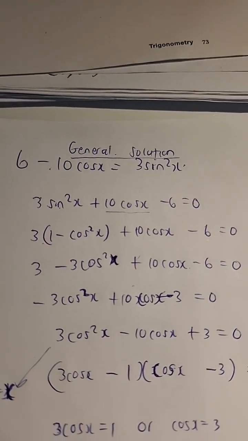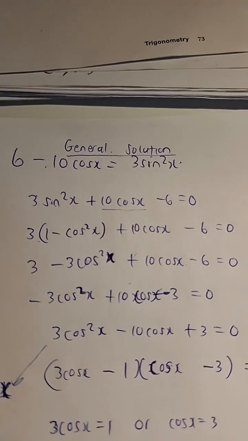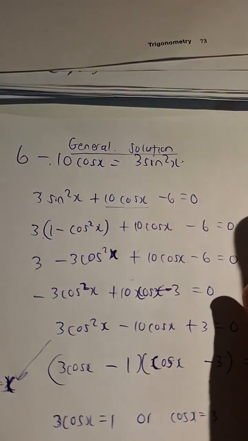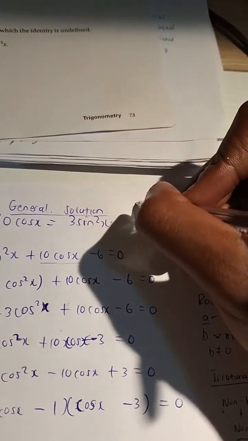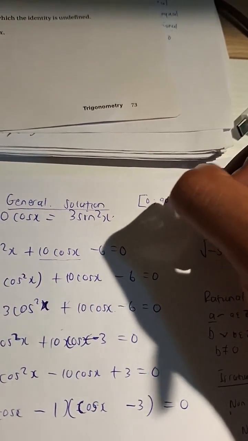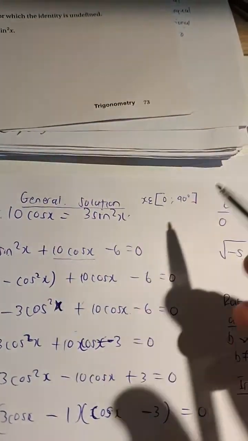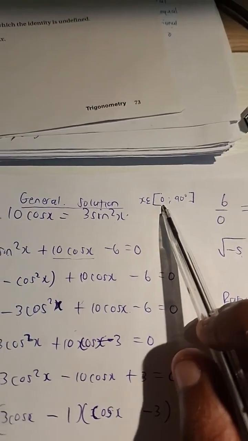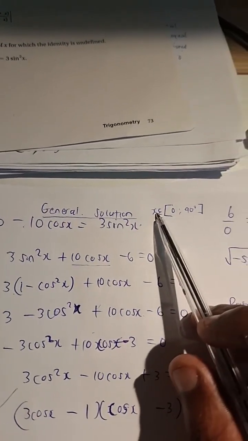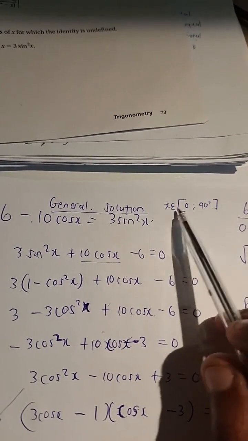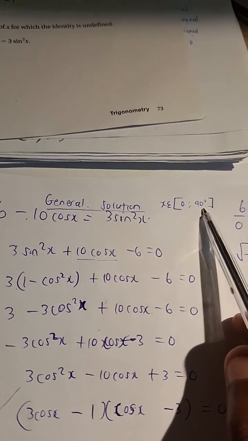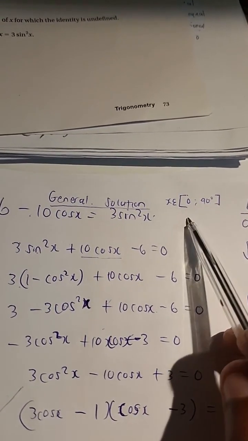In grade 10, when you guys did solve for theta or solve for x, you were always given the interval 0 to 90 degrees by which they would say they wanted your solution for x. In grade 10, you guys were restricted to working in the first quadrant. So you didn't write a general solution in grade 10.